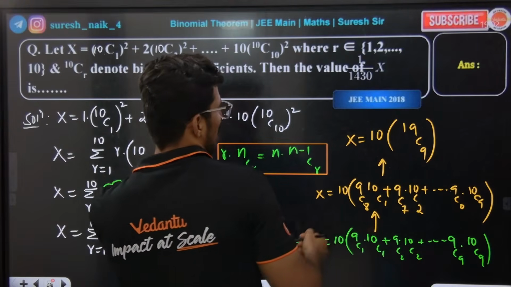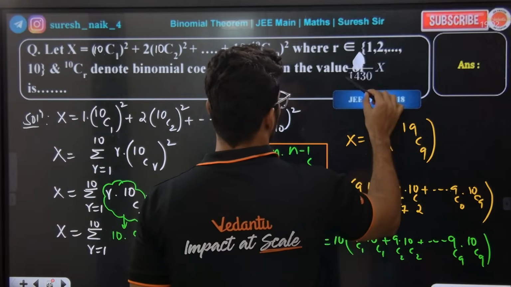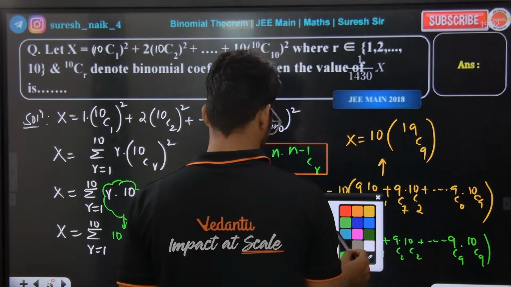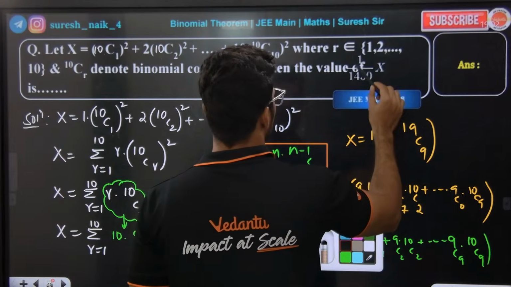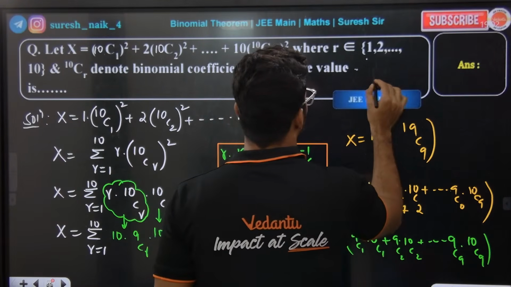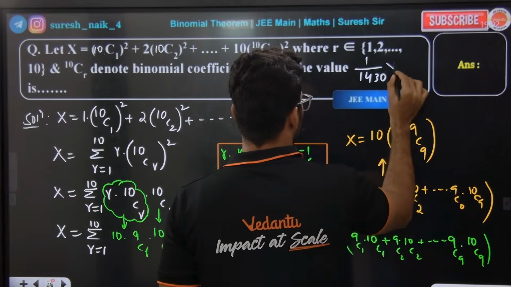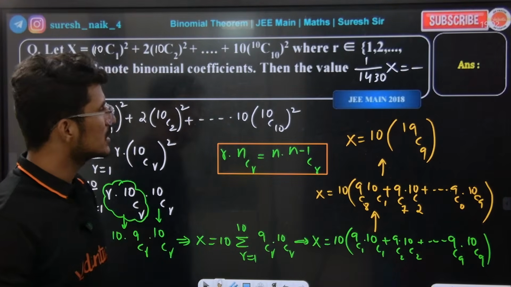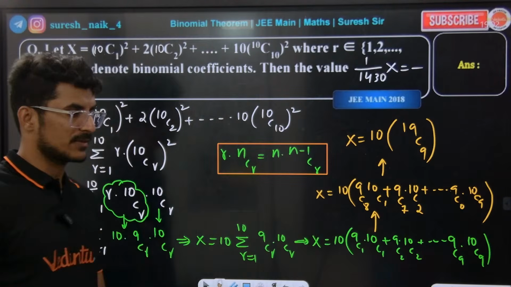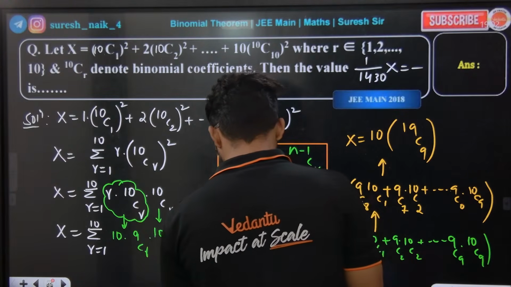They are asking for 1 by 1430 into x, so it is 19C9 into 10. Put the x value here and you will be getting the answer.